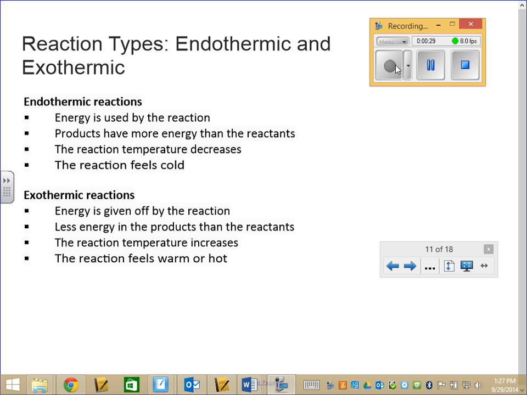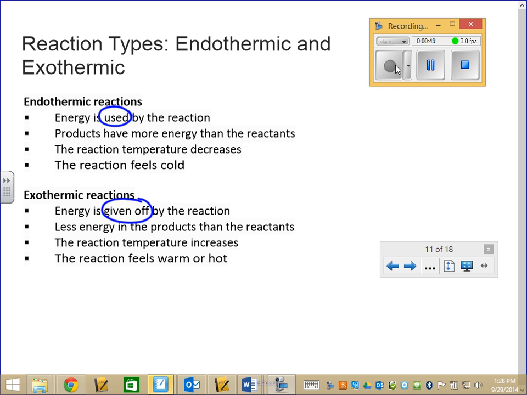So for example, the first point indicates whether or not energy is used or energy is given off by the reaction, because that's the thing that's different between endo and exothermic reactions.